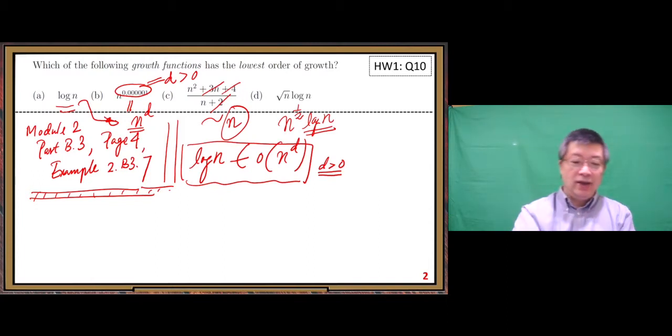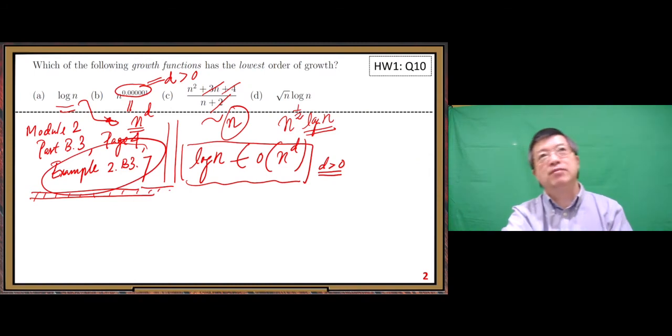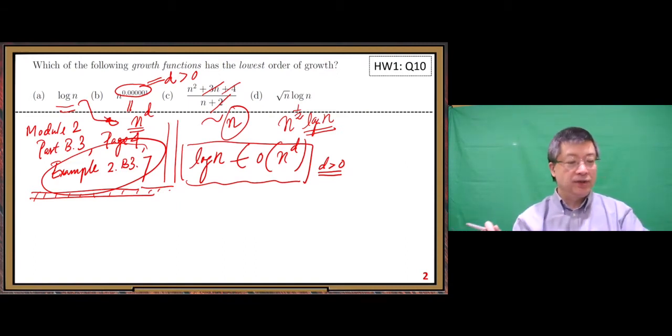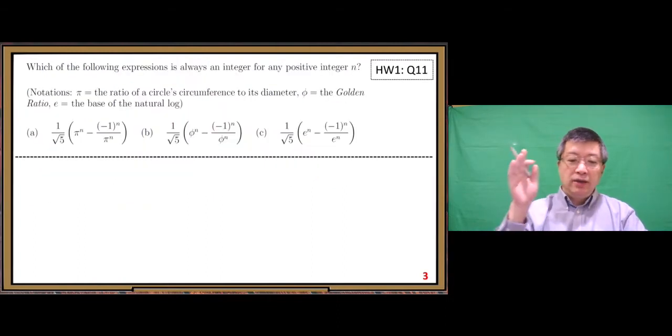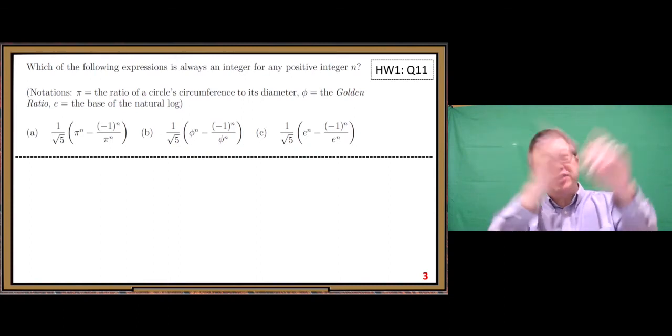That's why if you're not convinced, you study the proof of this example. Hope it helps. All right, so that's this problem. The last one of this video. In each video I just cover 3 questions.